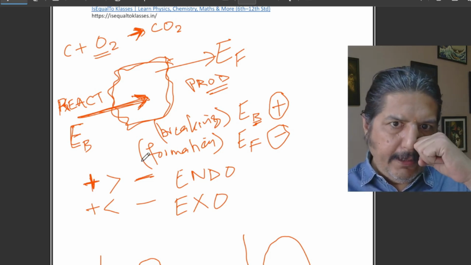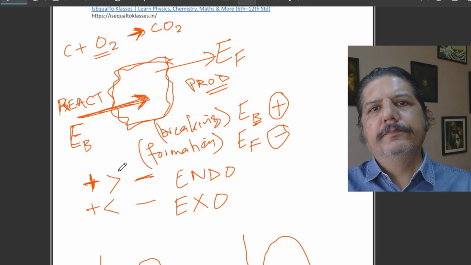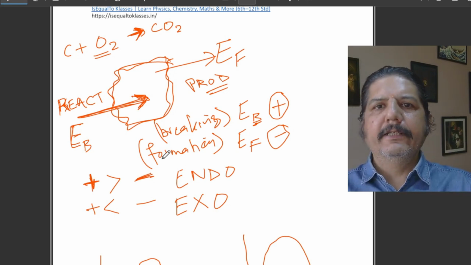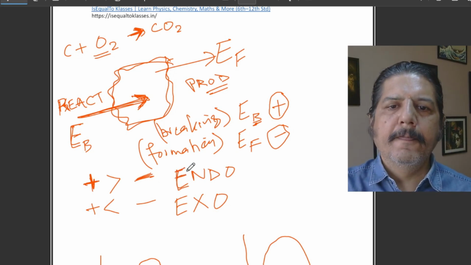So if the energy required to break the bonds is more than the energy which is released when new bonds are formed, net energy is absorbed by the system. And these kinds of systems are called endothermic reactions.